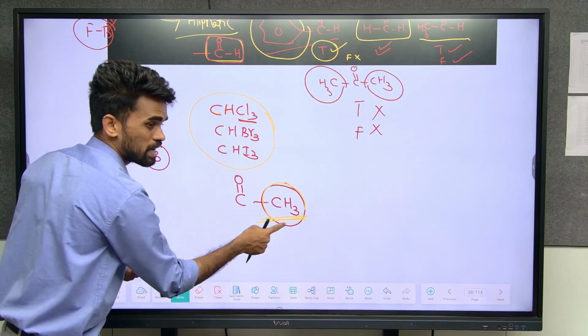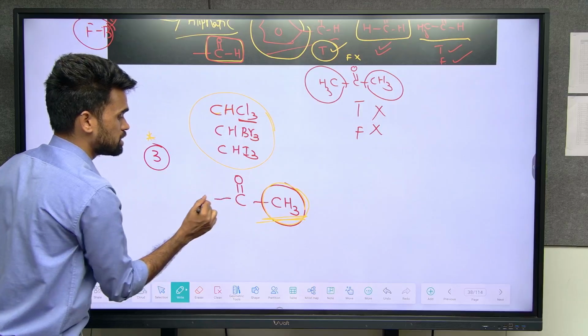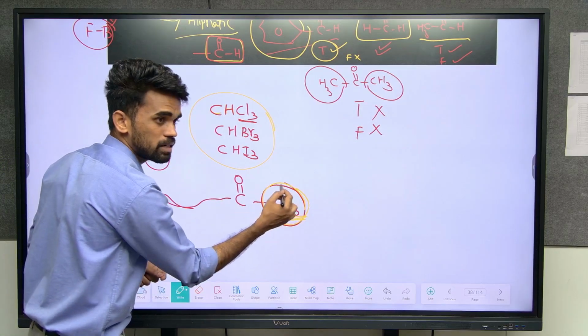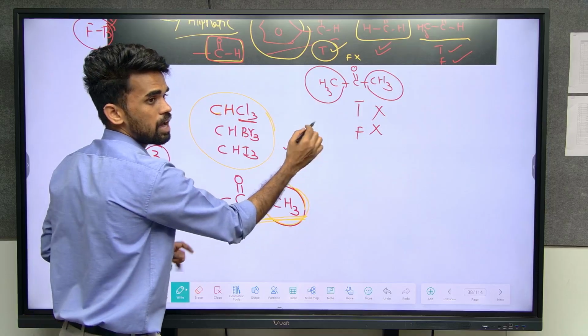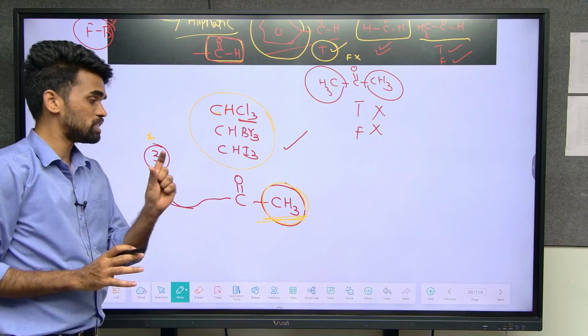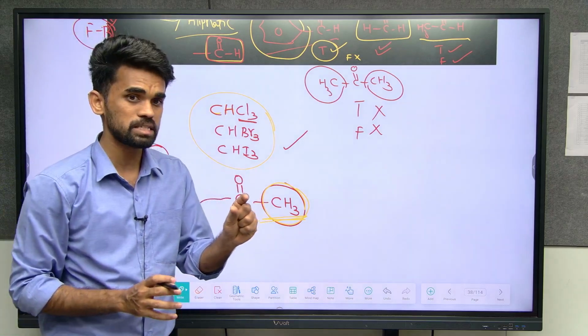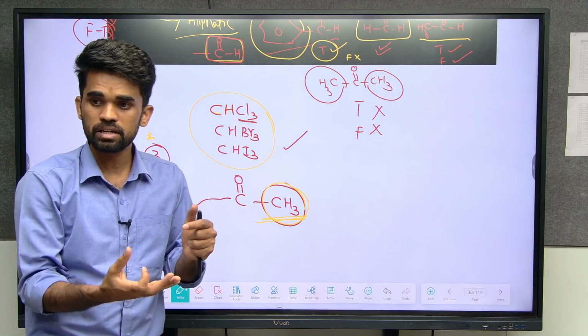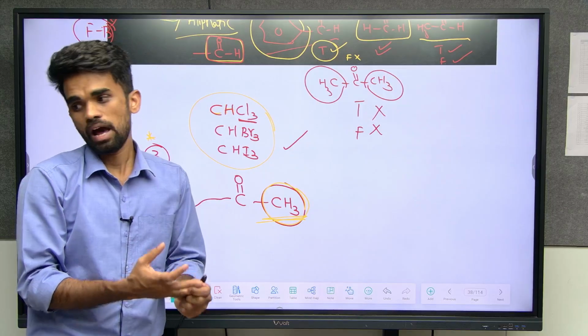Specifically what group? Methyl. This side whatever it might be, but one side of this carbonyl group must contain what? Methyl. They give you this haloform test. Okay. Once again, which type of compounds will give haloform test? Methyl group containing aldehydes, ketones give you haloform test.